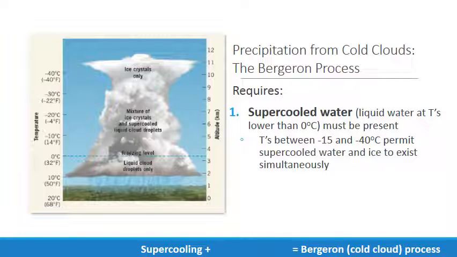And in a cloud that has both ice and supercooled droplets, that solid particle is going to be a hexagonal ice crystal. That term hexagonal is used because the water freezes in the free atmosphere. It's free to grow in its purest crystal form, and that atomic structure is tiny little hexagons.